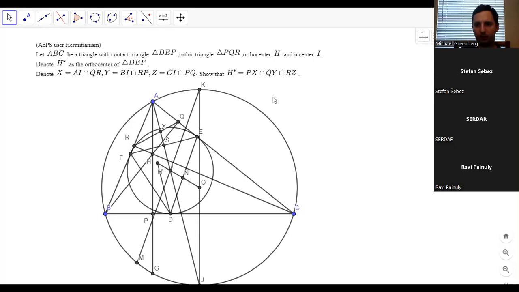It is because the Nagel Chevian and the mixed linear Chevian are orthogonal. Oh yeah. So then from that, it's just an angle chase once you use that fact.